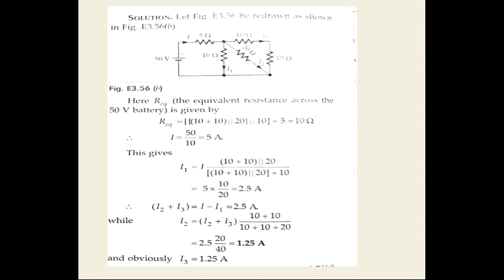So the current delivered by the source is V upon R. V is 50 volt, R is 10 ohm. So the current is 5 ampere. Now using the current division rule, there are 3 parallel branches. According to the current division rule, the value of current I1 is 2.5 ampere.